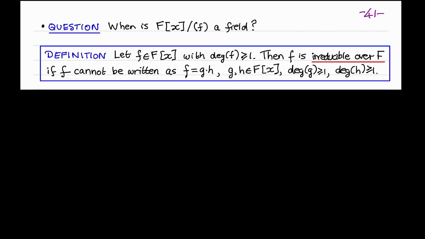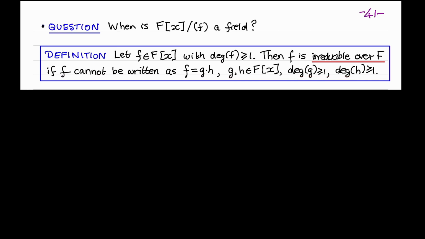Let me define formally the notion of irreducibility. So let little f be a polynomial over the field capital F, having degree at least 1. Then the polynomial f is irreducible over F if little f cannot be written in the form g times h, where g and h are polynomials in the same polynomial ring as little f, and both have degree at least 1.